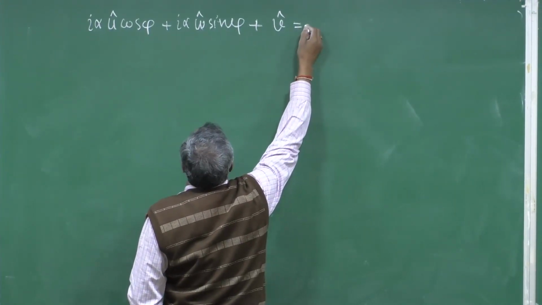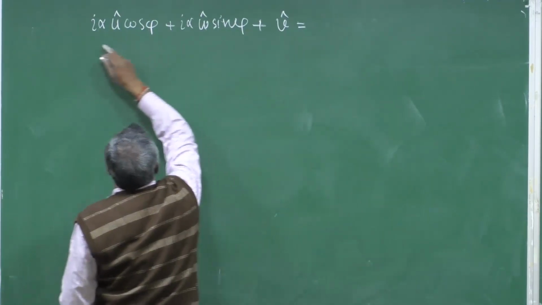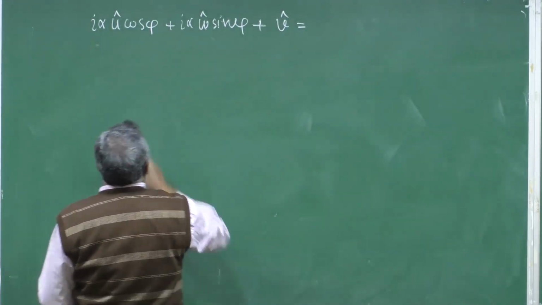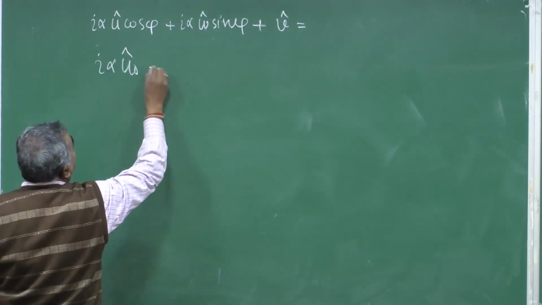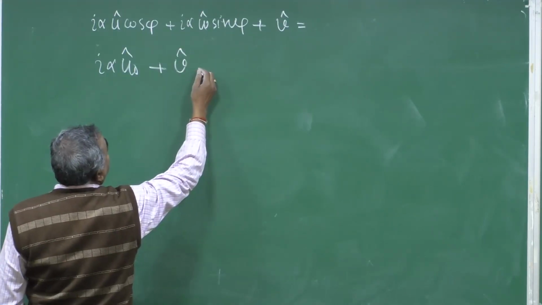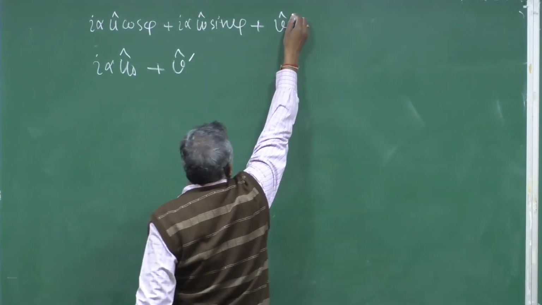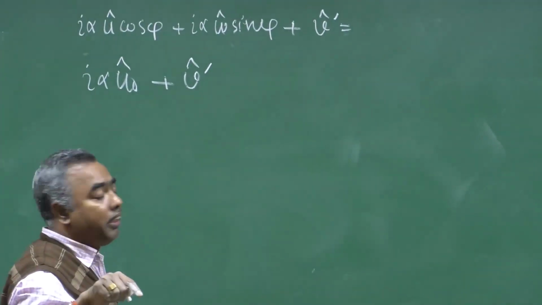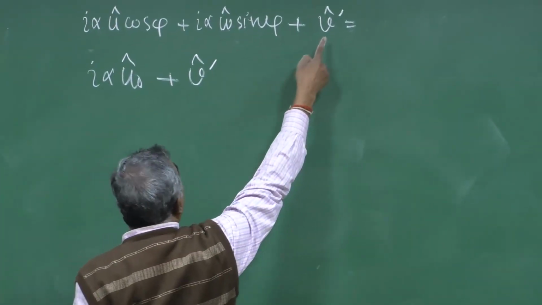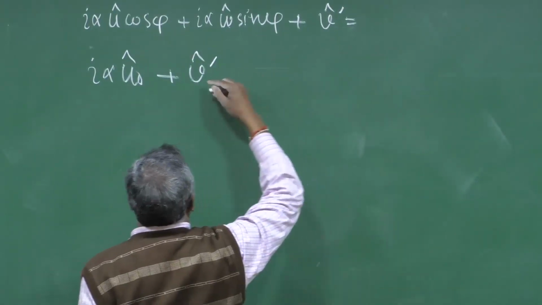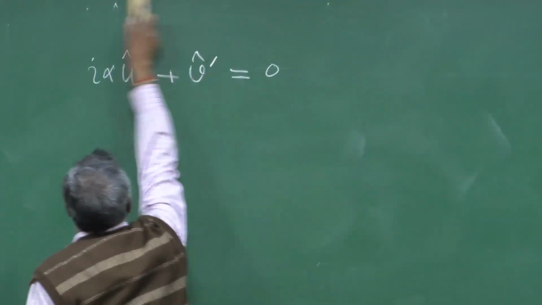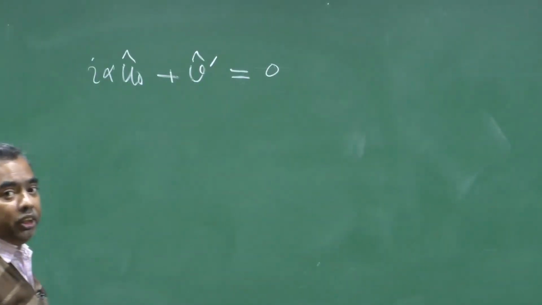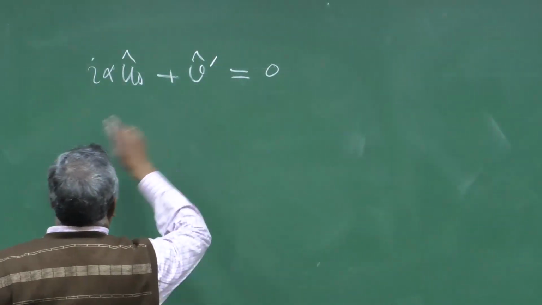So, this is what our continuity equation was. So, if you add these two terms, our continuity equation is going to be I alpha u naught hat plus v hat, this should be prime here, okay, because del v prime del y, that will come with that exponential term, which will get cancelled out from both sides, and this is going to be 0. So, that is your continuity equation after using the normal mode form. Okay. So, this is our continuity equation.